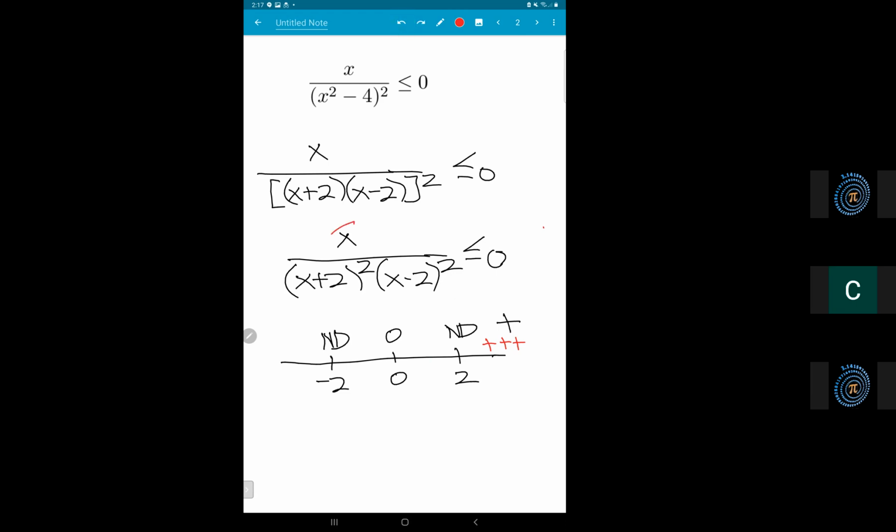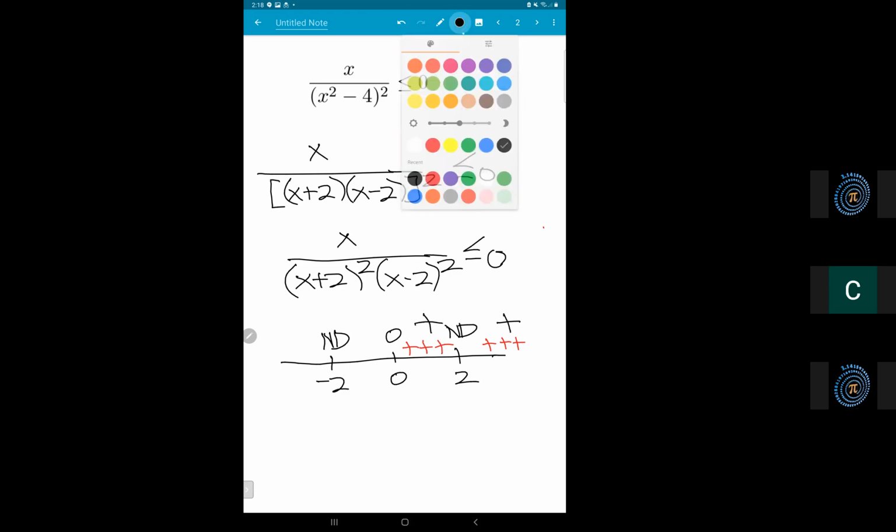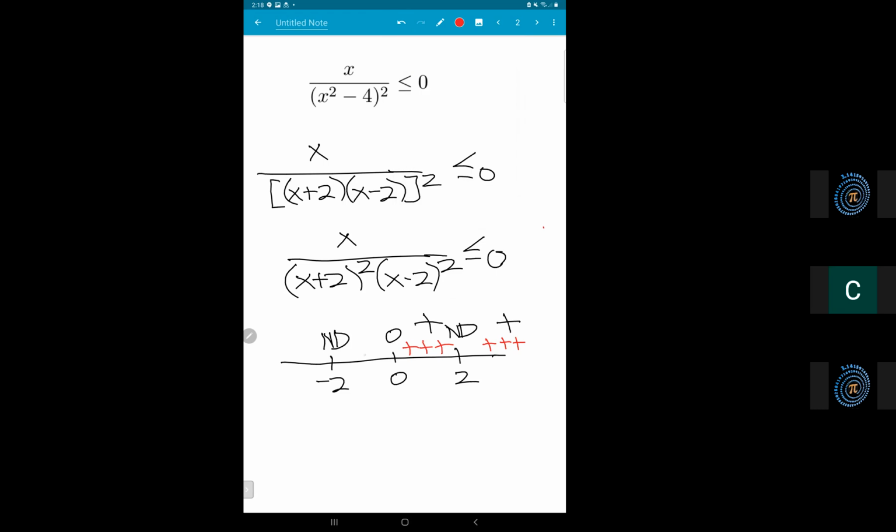So if you plug in 1, still positive, positive, positive, so positive. And then plug in -1, will be negative, positive, positive. So you'll get negative.